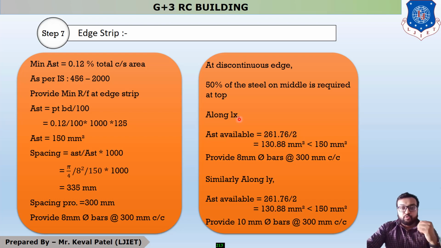So half of 261.76 is 130.88 mm square, which is less than minimum steel. So we have to provide 8 mm diameter bar at 300 mm center to center, and similar calculation for Ly. So students, this is the end of your step number 6.